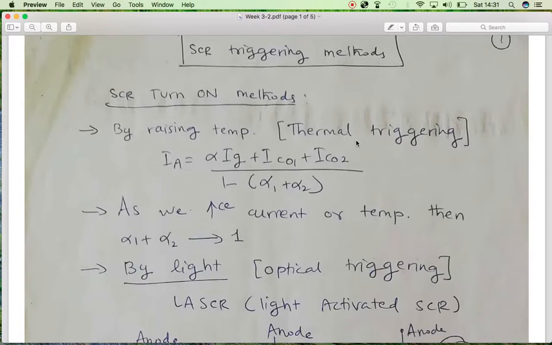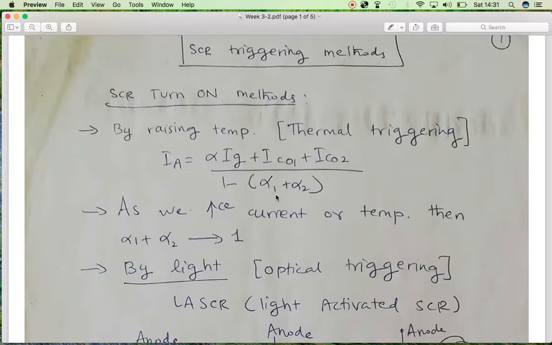That's why I have covered that topic earlier. By looking at this expression, you can see that when the temperature of the SCR is increased, this value increases, and it approaches towards 1, and then the overall expression increases, and when this expression increases, the anode current increases, and the SCR is turned on.